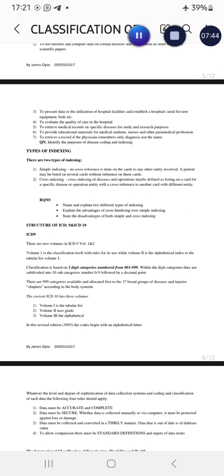So we are saying that cross-indexing of diseases and operations may be defined as listing on a card for a specific disease or operation entity with a cross-reference to another card which has a different entity.